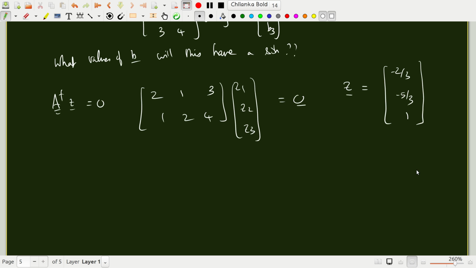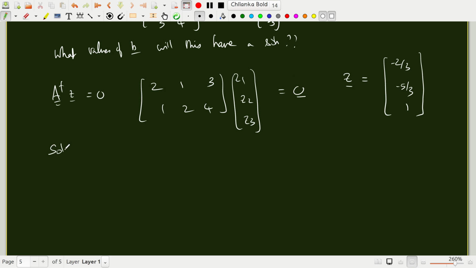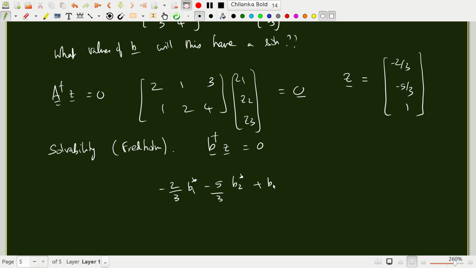That means solvability, or the Fredholm alternative, requires that B dagger Z is 0. That means minus 2 by 3 B1 star minus 5 by 3 B2 star plus B3 star must be 0. These are the conditions on the elements of B in order for us to have a solution to the inhomogeneous problem.